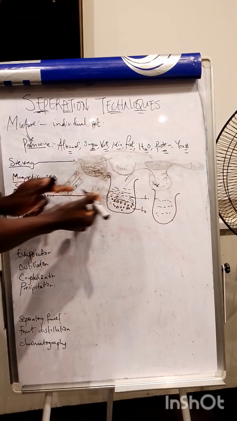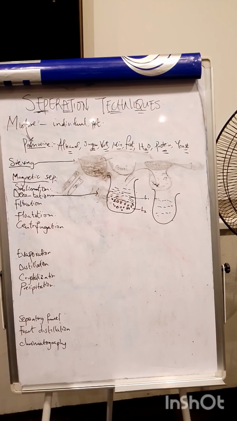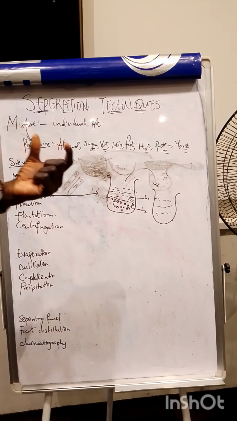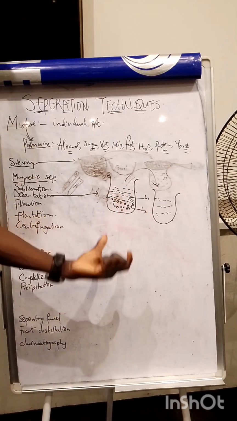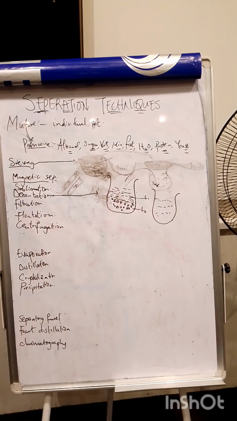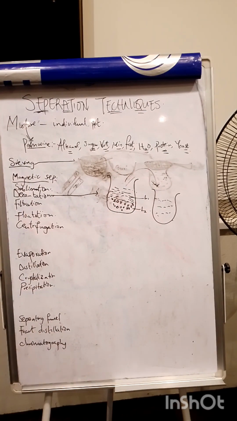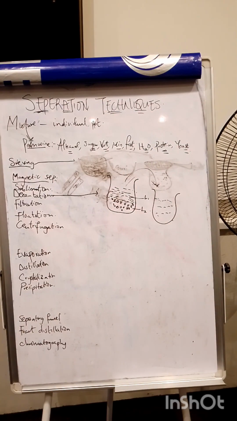That's decantation. This is employed in a mixture containing a liquid and a solid. For example, if you have sand inside water and you are very thirsty, you are dehydrated already, and you want to drink water, and you find out that this water has sand particles in it.